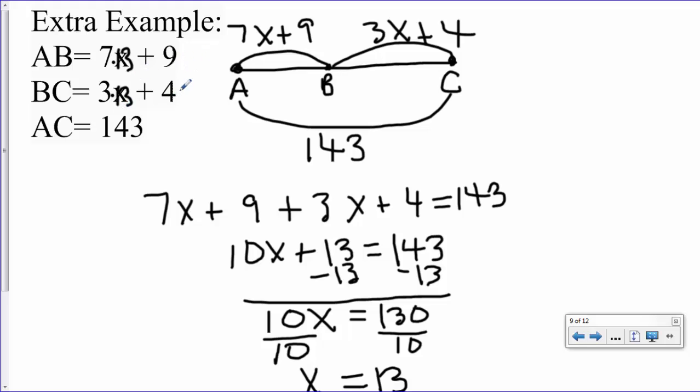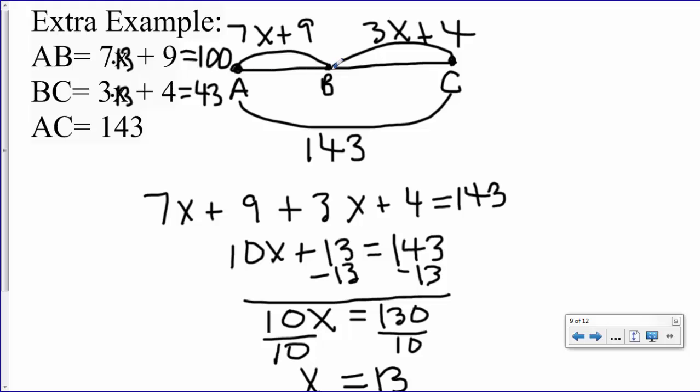So again, we'll do the math and figure out what the lengths of each of the segments are that we're missing. 3 times 13, which would give us 39, plus 4, which is 43. 7 times 13, which would be 91, plus 9 is 100. And the two segments together equal 143.